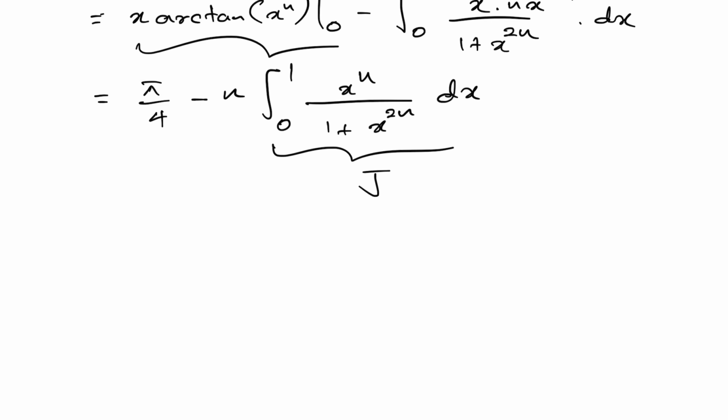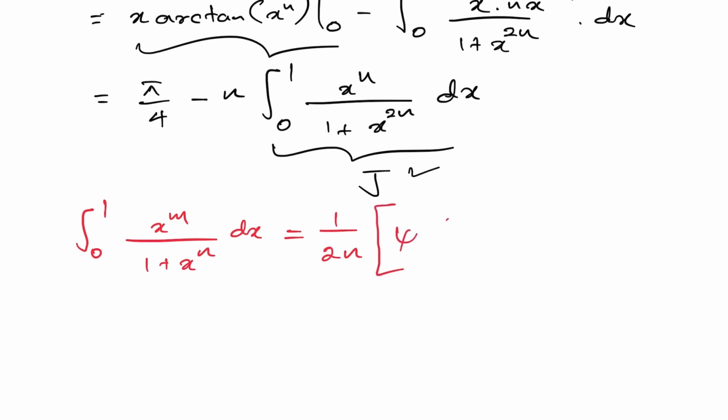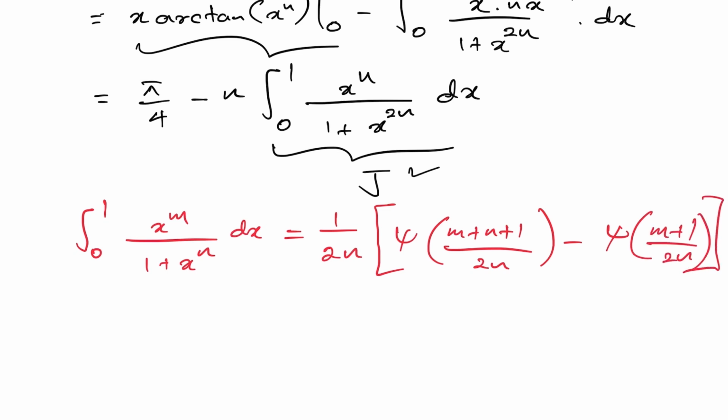Let's take the general case of this integral: the integral from 0 to 1 of x to the m over 1 plus x to the n dx. The answer we got is 1 over 2n times the digamma of (m plus n plus 1) over 2n minus the digamma of (m plus 1) over 2n.